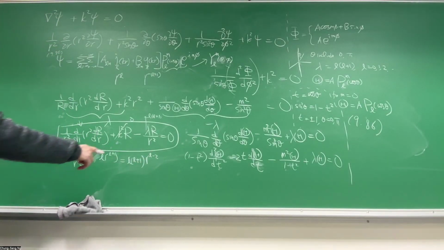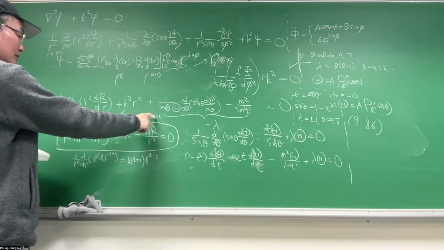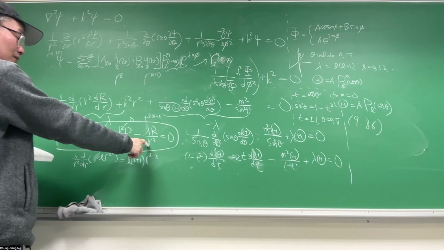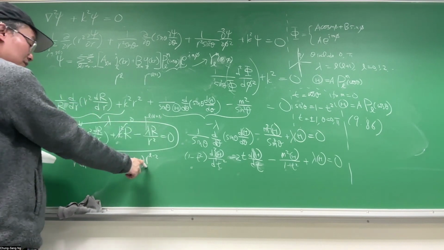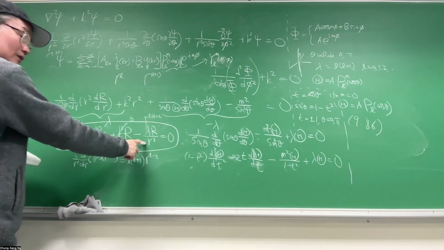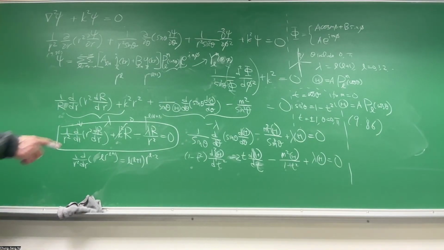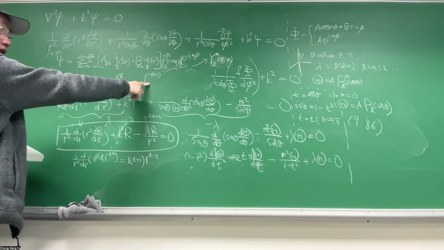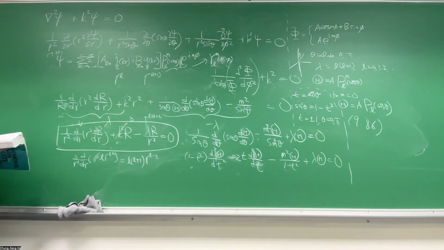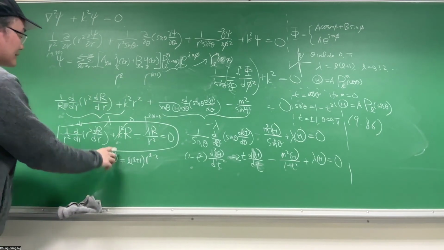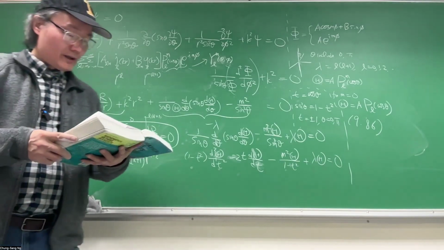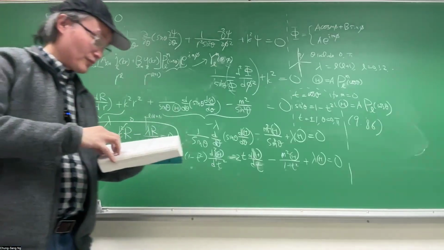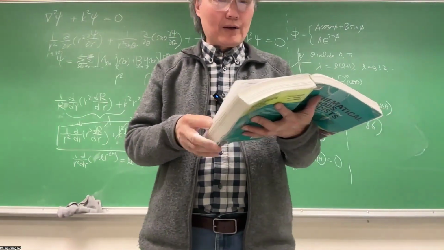Now this time, l times l plus 1 times r to the l, divided by r squared, and this has a negative sign, so the two terms cancel. So you can check that this is a solution, and similarly that this one is also a solution. So for the Laplace equation, instead of spherical Bessel functions, you get this simple power law solution.